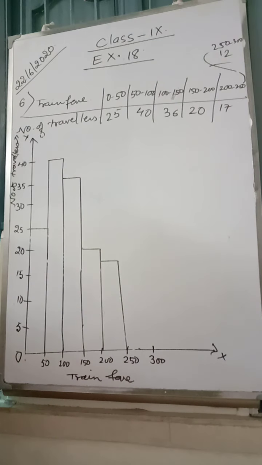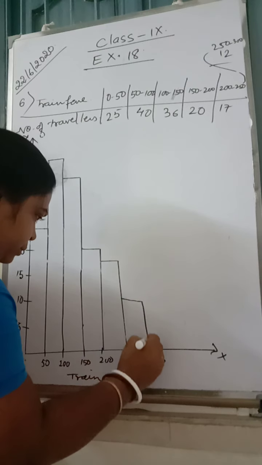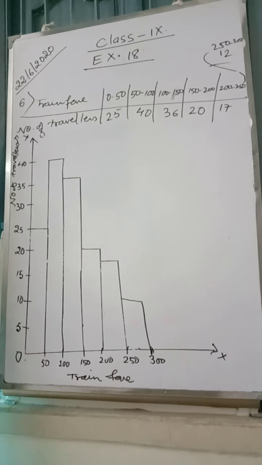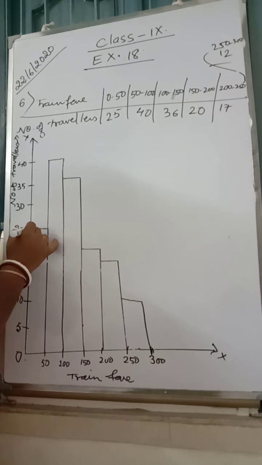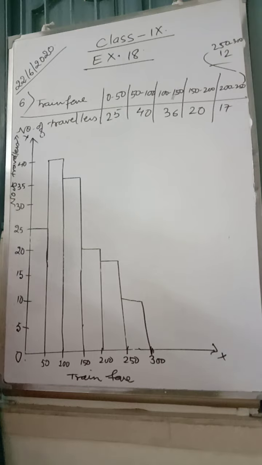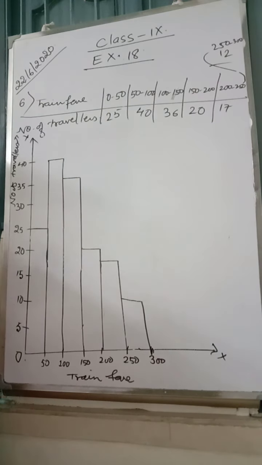Then we have 12, so this will be somewhere here and will come up to 300. So this is called a histogram. You can see there is no gap between the bars. Is there any gap between the bars? There is no gap. So this is called a histogram.